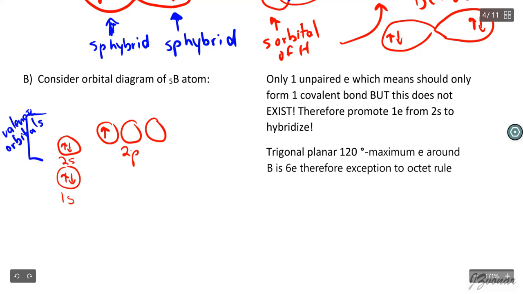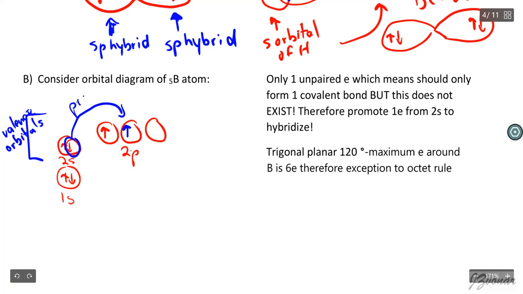Now, looking at this orbital diagram of boron, you would technically expect boron to be capable of forming only one covalent bond because it only has one half-filled orbital. But this is not the case. No such molecule exists. So what happens instead, just like in beryllium, is that one of the electrons from the 2s orbital gets promoted to an empty p orbital.